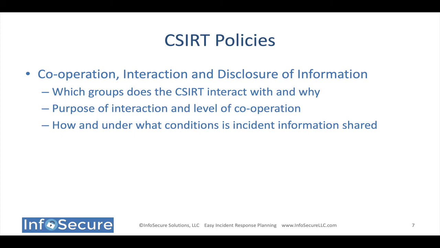You'll list how you interact with XYZ Corporation, the management, the Information Technology Department, the Security Operations Center, legal, physical security, for instance. You'll talk about how you interact with them, and you'll be using that to let people in your organization know what they can expect from you in terms of cooperation, and when you might be calling upon them and what you might want from them. Right? So what groups does a CSIRT interact with and what is the purpose of that interaction?